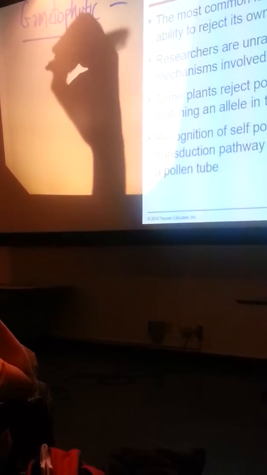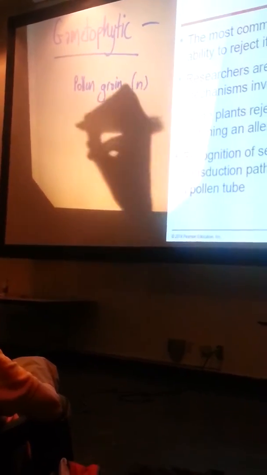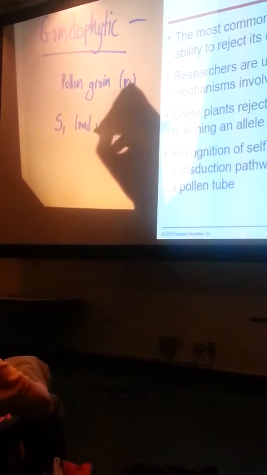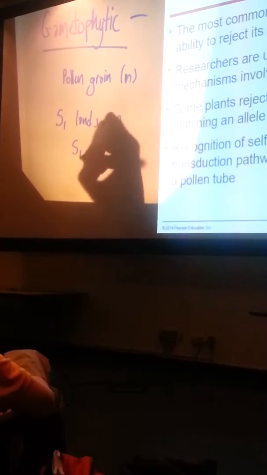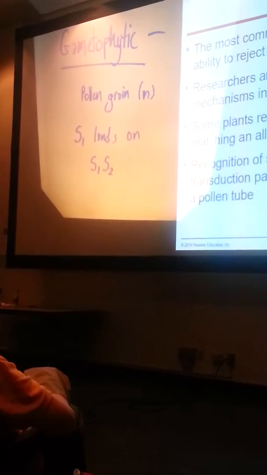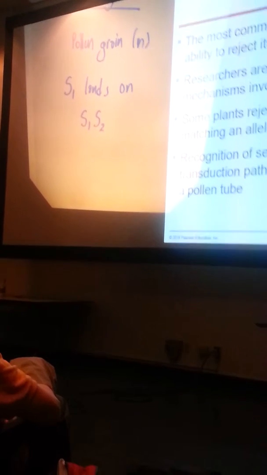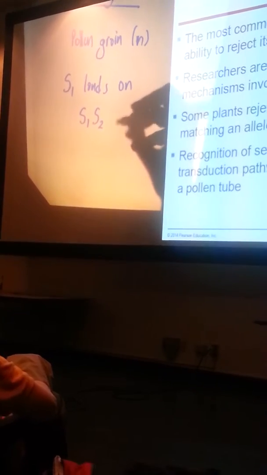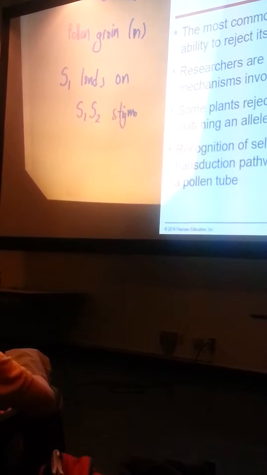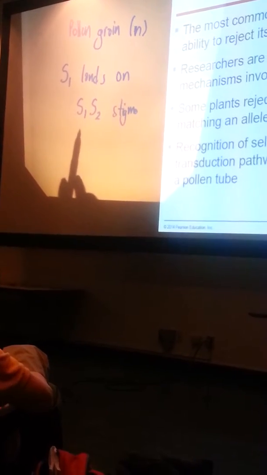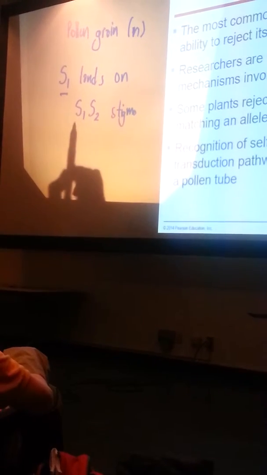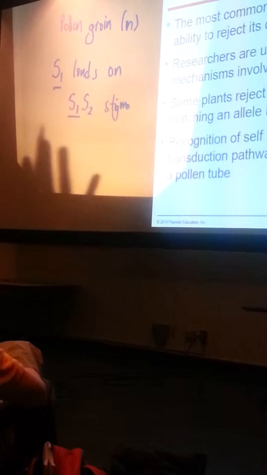So if you have a pollen grain that is an S1 type, and it lands on an S1, S2 stigma, the stigma is going to recognize this as selfing, and it's going to reject it.